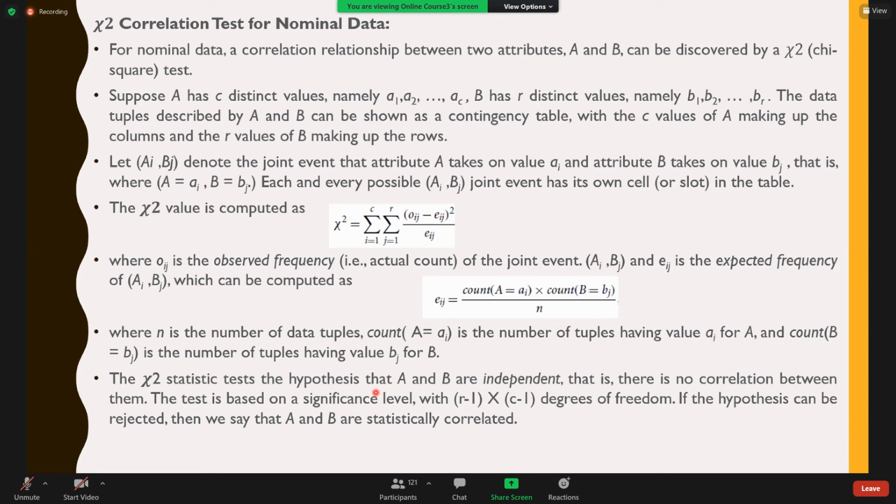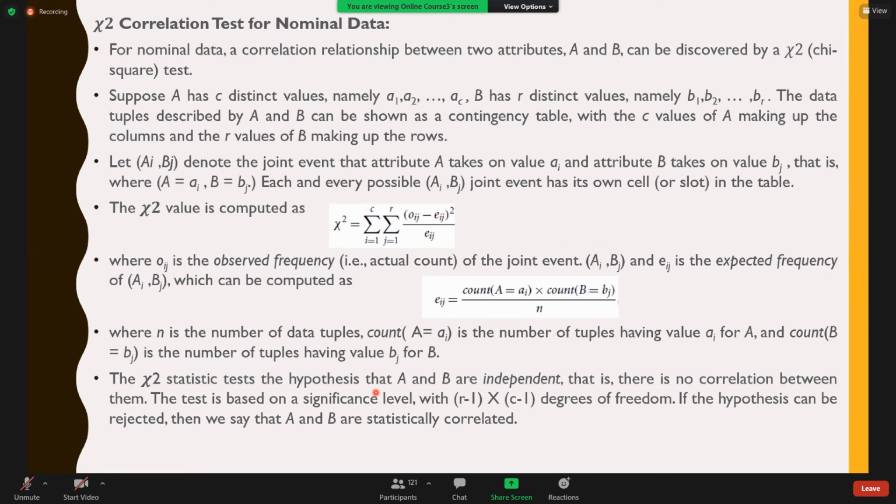Our hypothesis is that attributes A and B are independent, meaning there is no correlation between the two attributes. And then finally, based on our test result, we can either accept the hypothesis or reject the hypothesis.